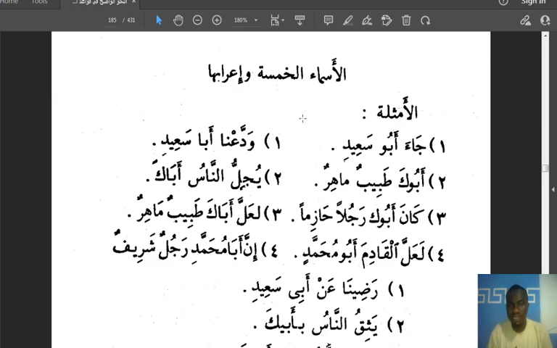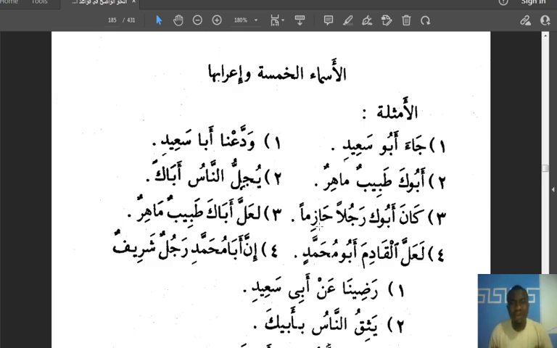The dual, when it is marfu, takes alif. And when it is genitive or accusative, when it is mansub or majrur, it takes yai instead. In the previous lesson we explained all this. So when i'rab goes this way, we say al-i'rab bil-huruf or al-i'rab bil-alamat al-far'iyya.